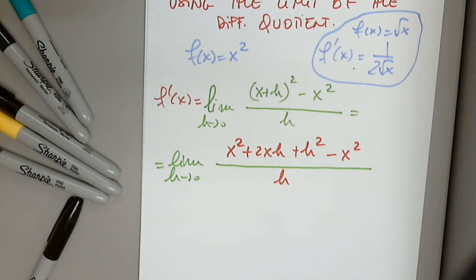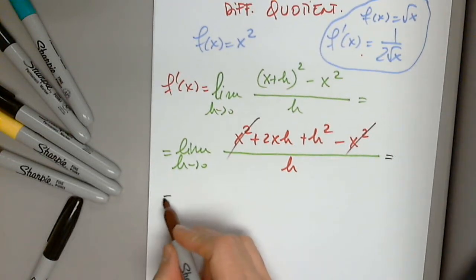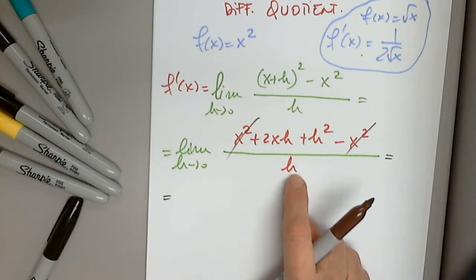Every time we play with the difference quotient, 2 things must happen. Anything without an h has to cancel out. Anything that has no h in it must go away. If other terms go away, it's a bonus, but I don't count on that. And then you have to be able to pull the h out. In other words, eventually this h must go away.